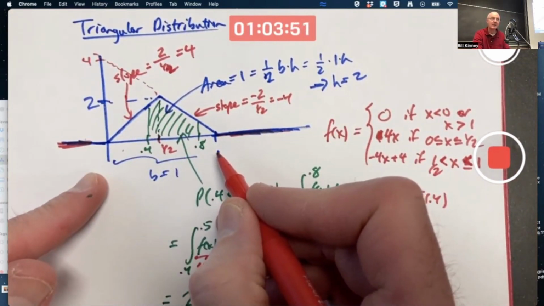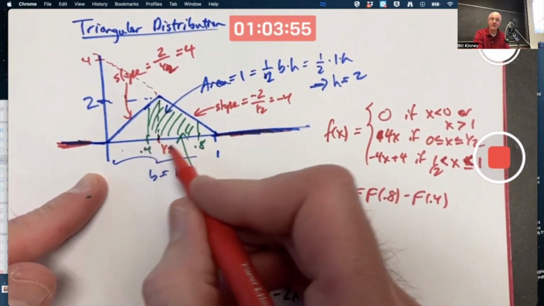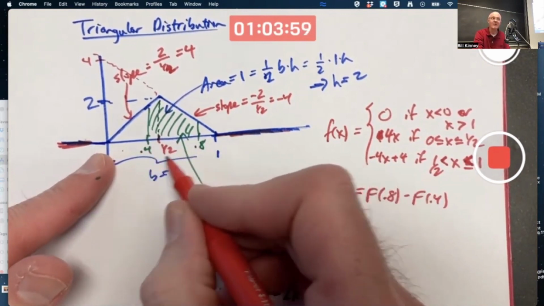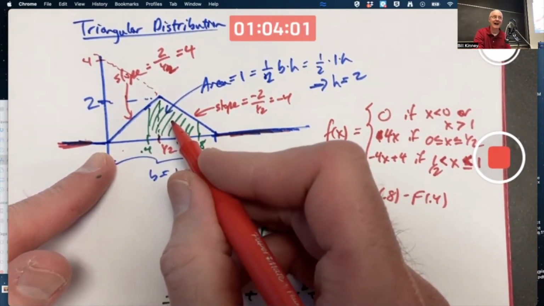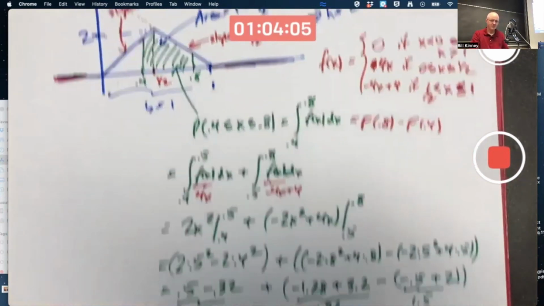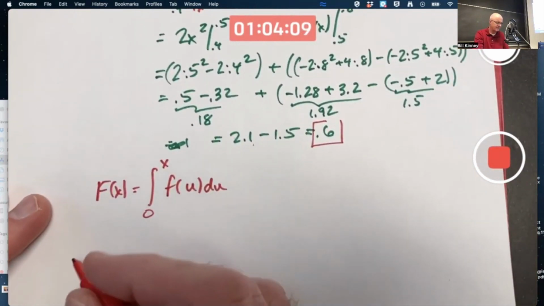That means when you use it to simulate data, most of your data is going to be near 0.5, not near 0 or 1. It's going to be denser near 0.5, where this density function is higher. So let's go ahead and think about it with areas.